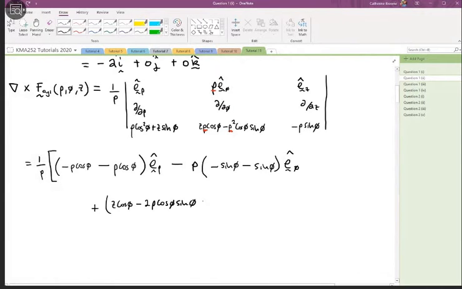And then it's minus this first term differentiated with respect to phi, so we get 2 rho cos phi negative sine phi, so I put a plus there, and minus z cos phi.